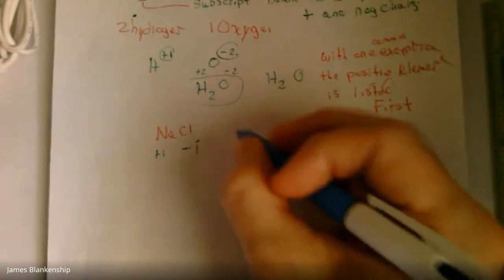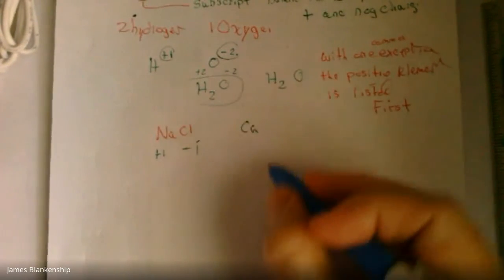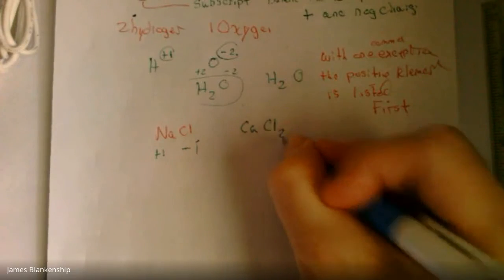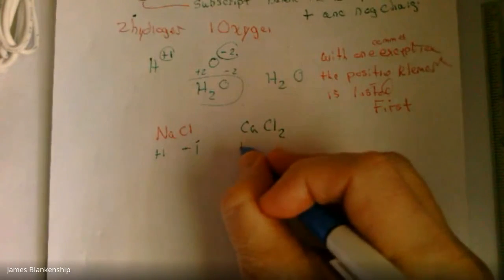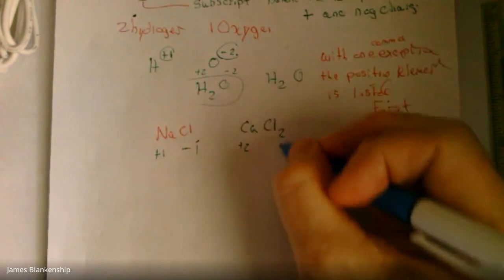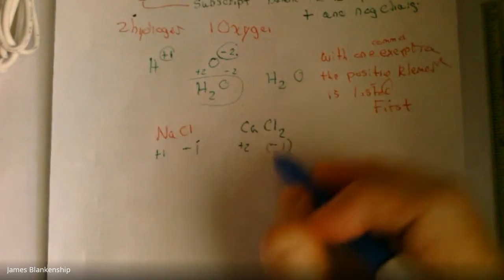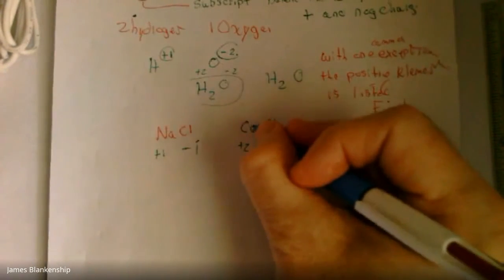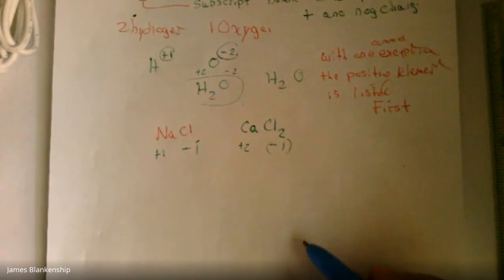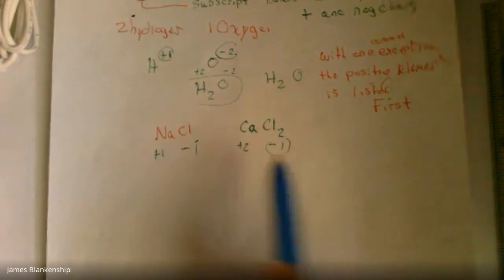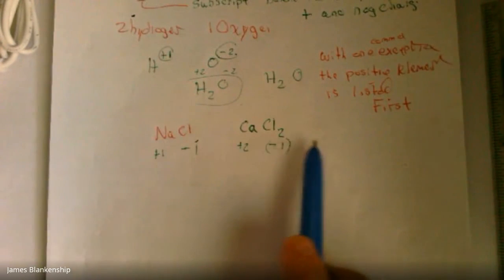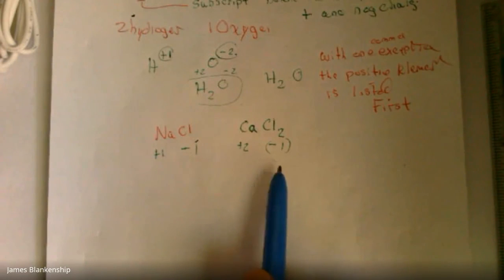But if you had calcium, it would be written as CaCl2. Because calcium is +2, each chlorine is a -1, so you have to have 2 of them. So these positive and negative charges will balance.